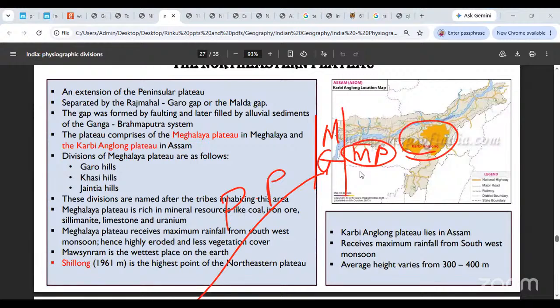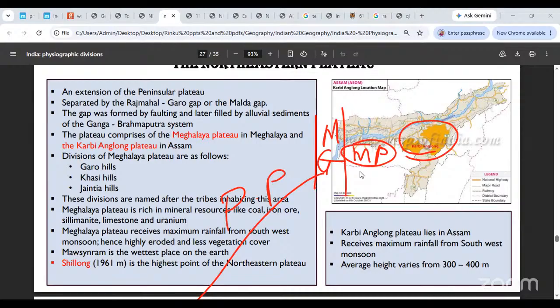What has happened is the peninsular plateau broke away. It broke into two parts. One was the Shillong part, the Meghalaya part, and then you have the normal peninsular plateau part. And where that gap broke, clearly it was filled up with alluvial sediments of the rivers Ganga and Brahmaputra. So that Rajmahal Garo gap got filled up, so that is an alluvial plain.